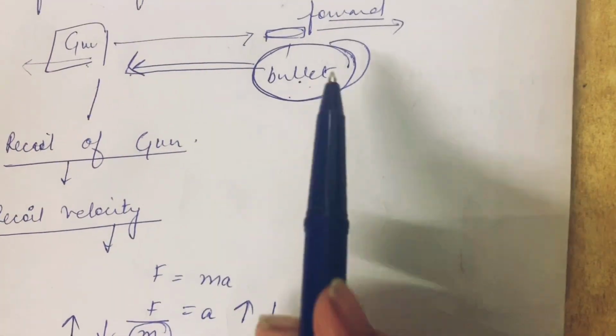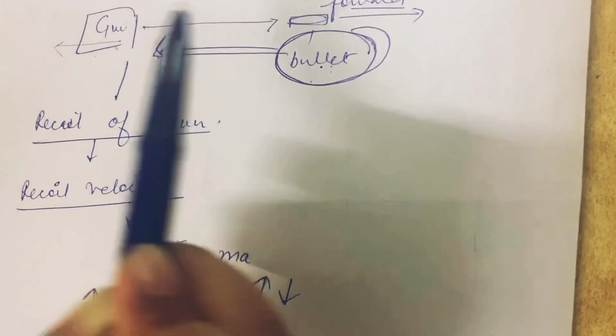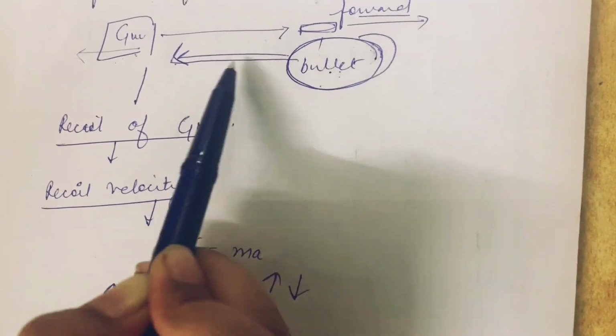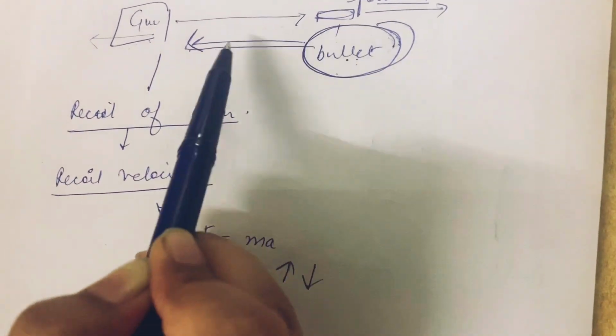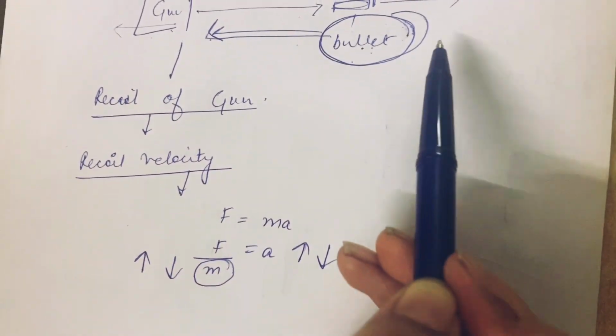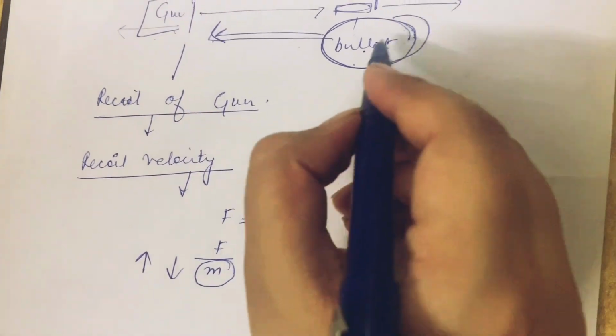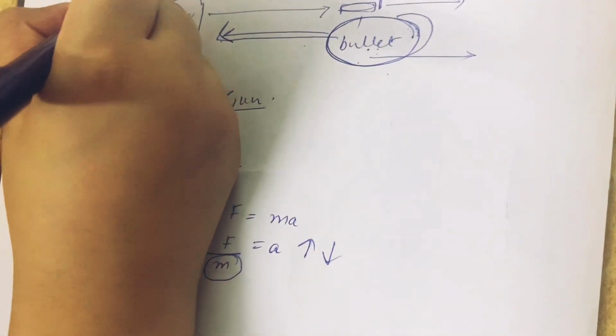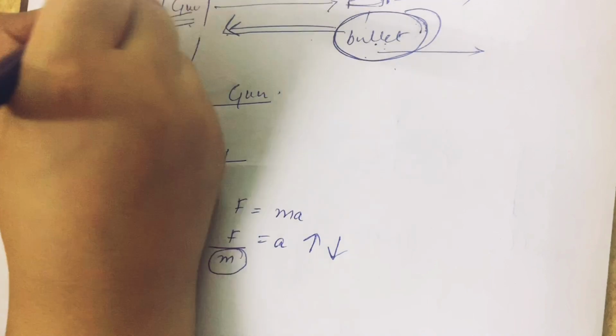So here you can see bullet and gun, one is the action force, another is the reaction force. The action and reaction forces are equal in magnitude but opposite in direction, because the bullet is coming in the forward direction but the gun is moving in the backward direction.